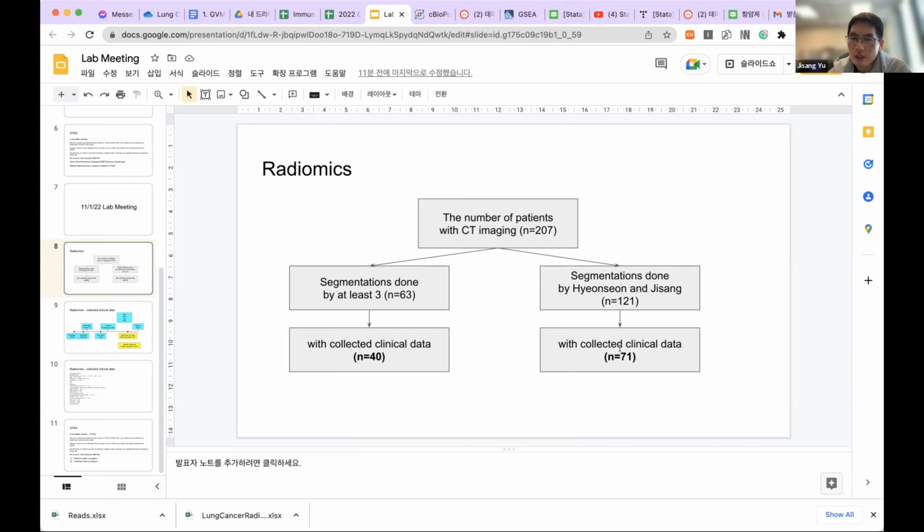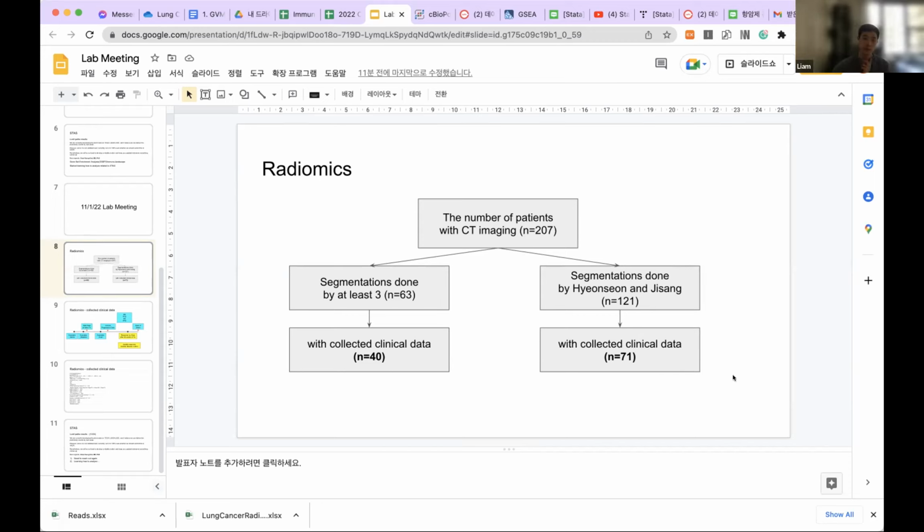And with clinical data, we have 71 patients with segmentations by 2 persons and collected data.